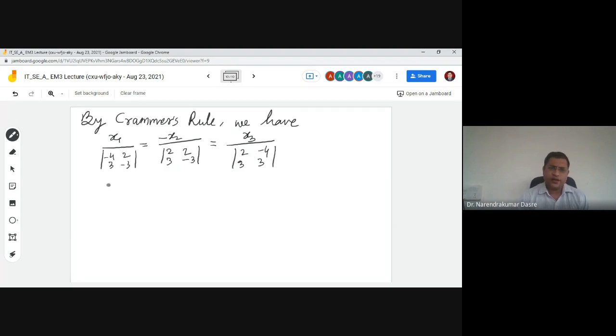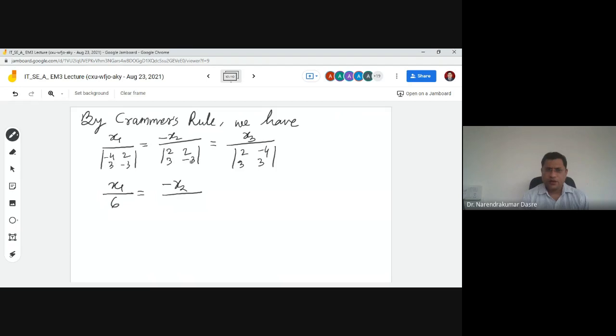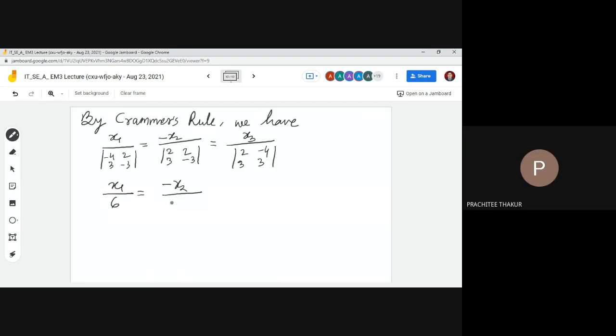Okay, so calculate this. What you got here? X1 by, so this is going to be 12. X1 by 6. What about this x2? Minus 12. And what about x3? 18.